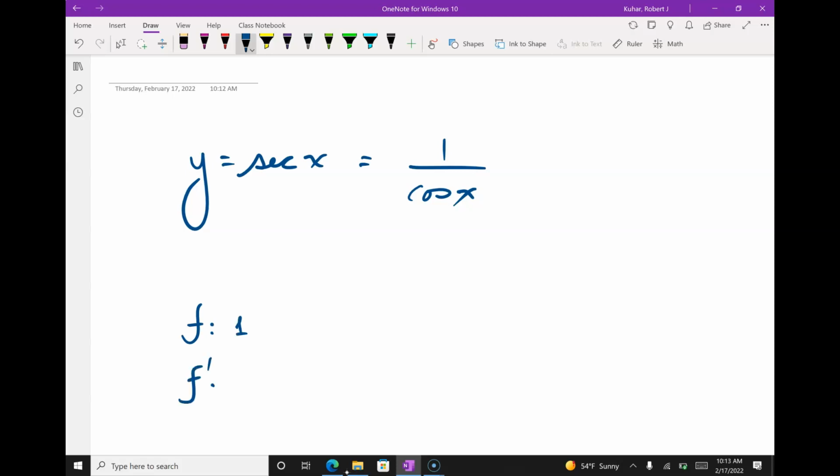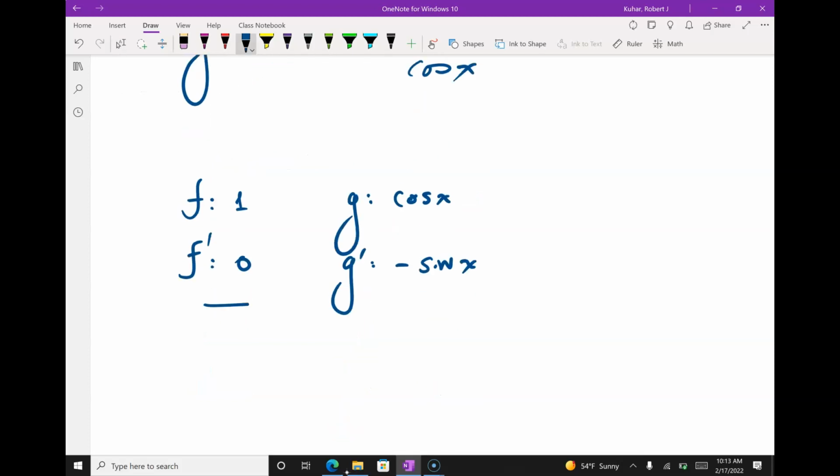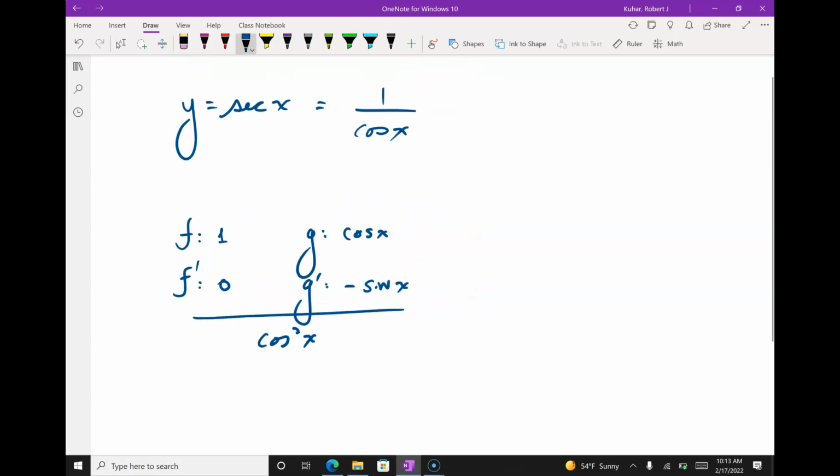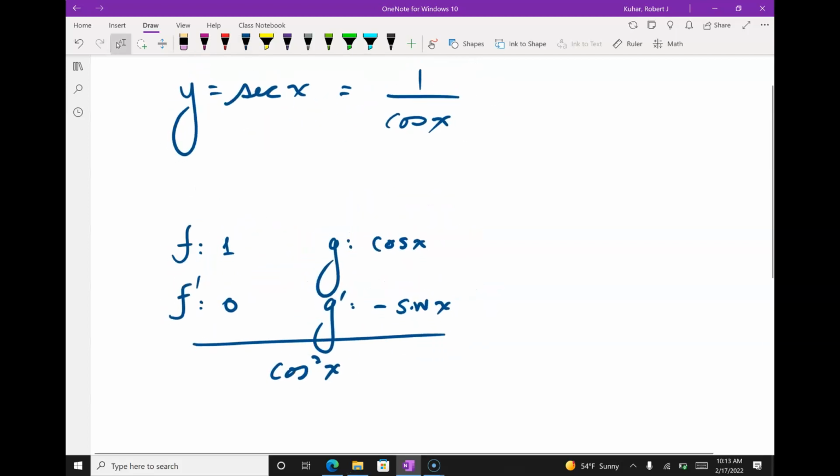The derivative of 1 is 0, right? The downstairs function is cos of x. The derivative is minus sine of x, all over cos squared of x, right? Downstairs function squared. Yes, everybody with me?